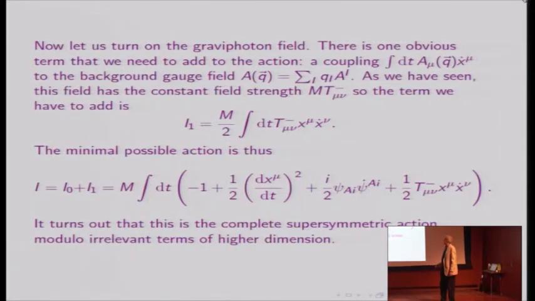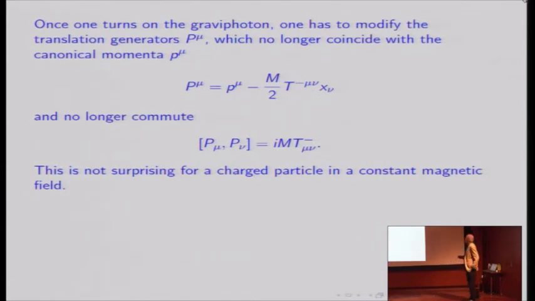So in fact, in the presence of a constant magnetic field, the conserved momenta P mu are no longer the canonical momentum little p mu. There's a correction term, and hence the conserved momenta no longer commute. That's the standard formula for a charged particle in a magnetic field. The only difference being that, again, what plays the role of the charge is the mass, because we're discussing a BPS particle coupled to the graviphoton.